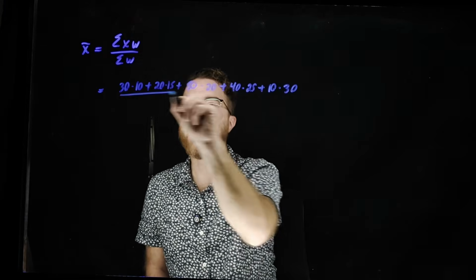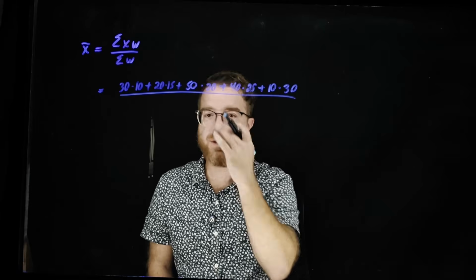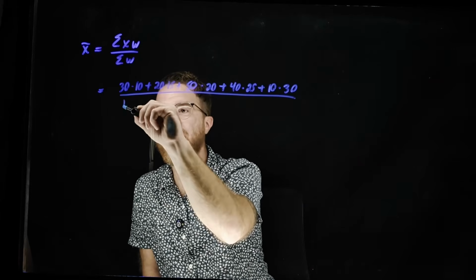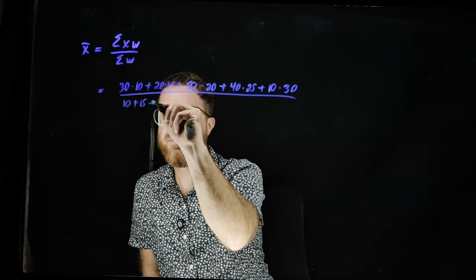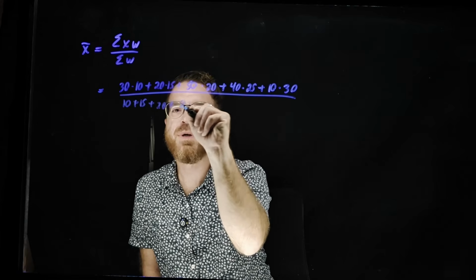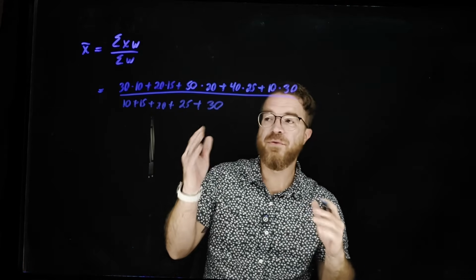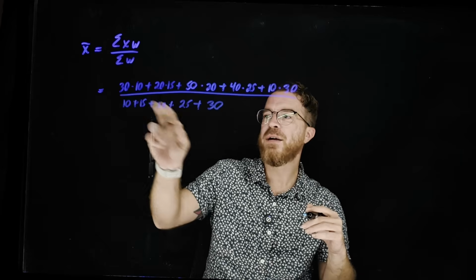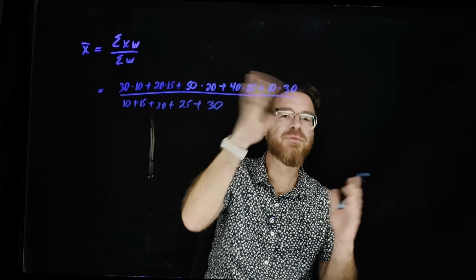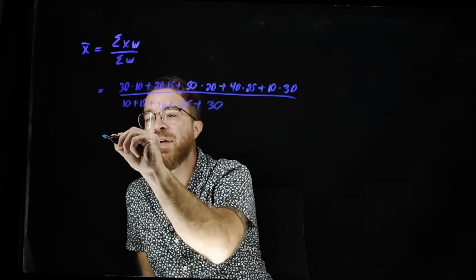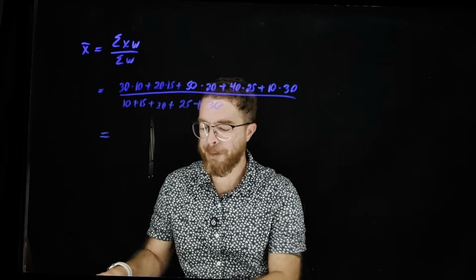And then I have to take the sum of my weights. Remember, the weights are the prices. So in this case, it's going to be 10 plus 15 plus 20 plus 25 plus 30. And there should be a total of 5: 1, 2, 3, 4, 5. Looks good. So now all I have to do is this calculation really quick.